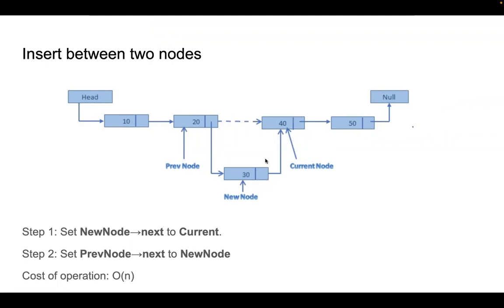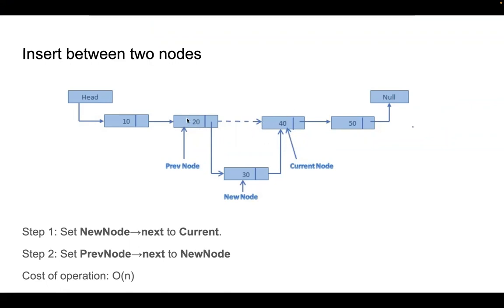In most cases, what students do is connect the previous node to the new node and the new node to current. That's also okay. If you have two pointers, a previous node and a current node, that's okay.